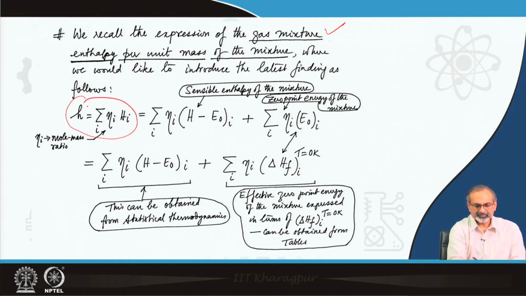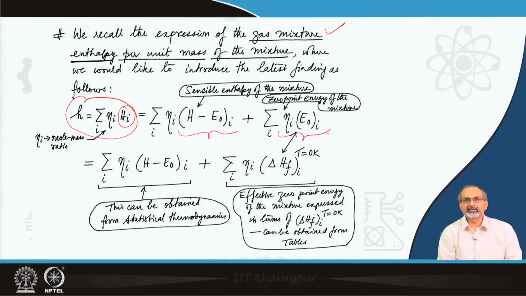Beginning with this definition, that H, which is a per mass calculation, can be expressed in terms of the product of mole mass ratio and the enthalpy for each species, and then you split the enthalpy into sensible part and the 0 point energy part, and you can say that this can be kept as it is and can be obtained, for example, from statistical thermodynamics principles, while the other part, the 0 point energy, can be expressed in terms of delta HF at absolute 0.